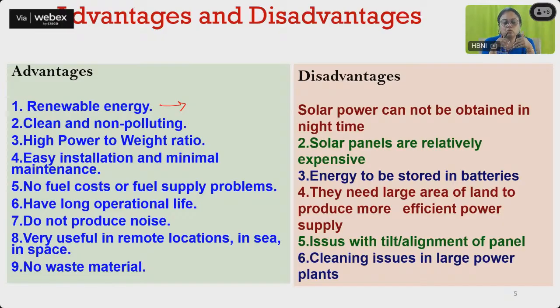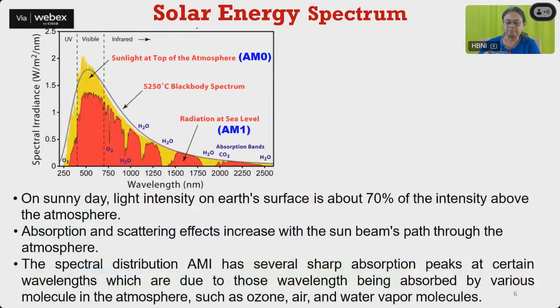Then if you want to produce large power, you need a large area of land, and there are issues with tilt and alignment of the panel. The photovoltaic panel should be facing the sun, otherwise you cannot take out the maximum power. And if it is a very large plant, you have to maintain the surface of the solar panel so that the sun's energy is properly absorbed.